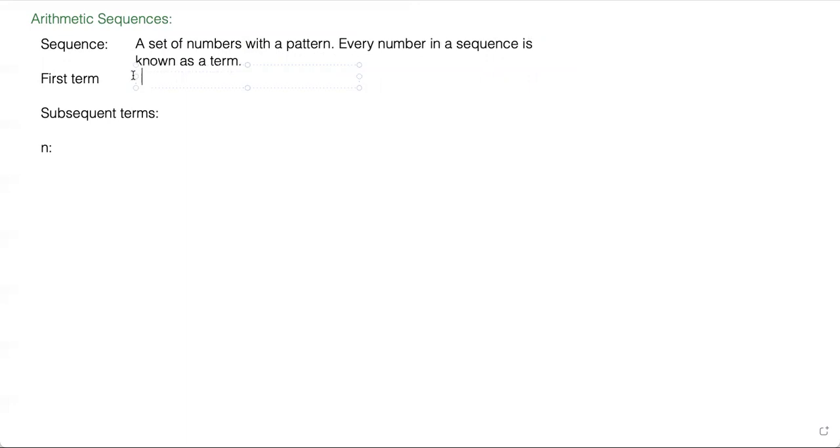So let's go over what a first term is. It's actually pretty self-explanatory, but I see students get confused with this a lot. The first term is the term that starts the sequence.